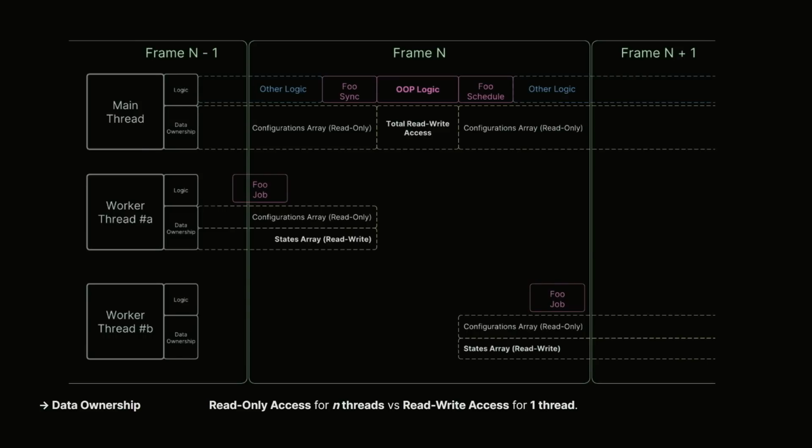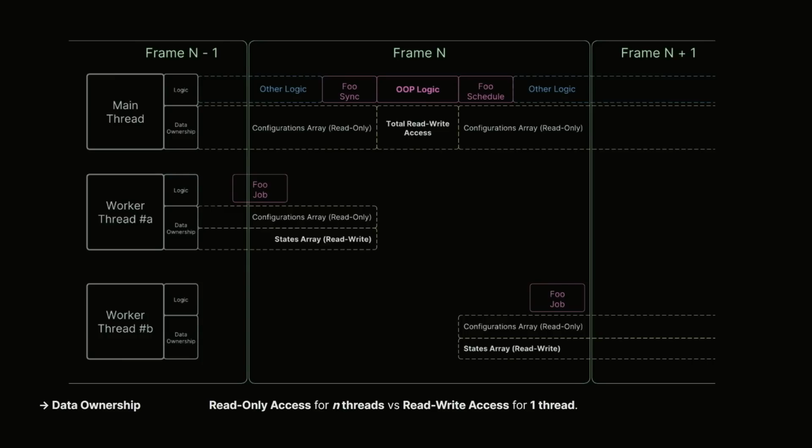We do not have any other access on the main thread. And whichever thread was executing the job itself has read-write access to the states. So you can see here, after complete is called, after the jobs are synchronized, when you're running the object-oriented logic, the main thread takes back the ownership of all of this data, and it has total read-write access of the data. And after it schedules again, it only has read-only access to the configurations data, because it's probably being read from some other thread as well when the job is executed.